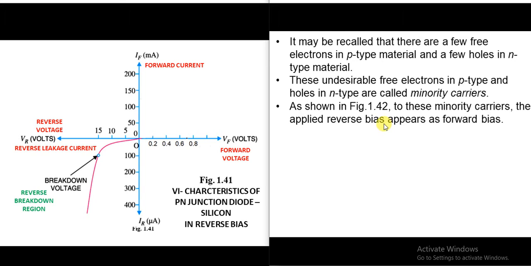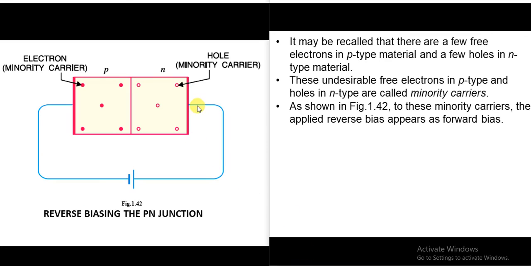So as shown in this figure, this curve represents the reverse bias VI characteristics. Now we see that the minority carriers in p-type are electrons, and the minority carriers in n-type are holes.